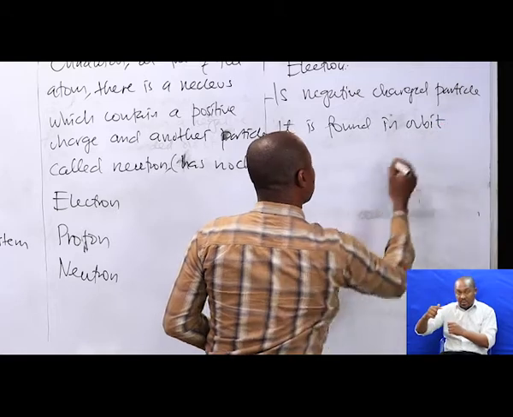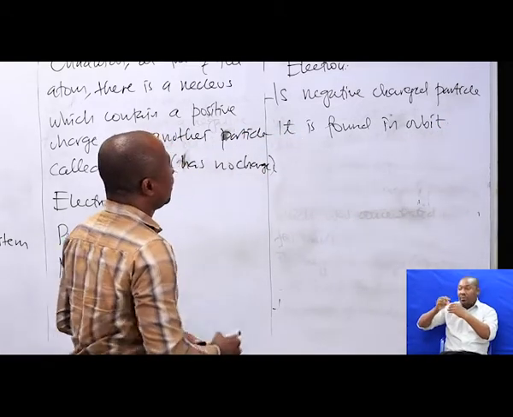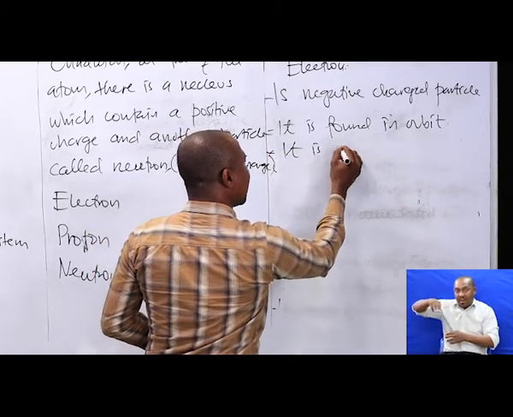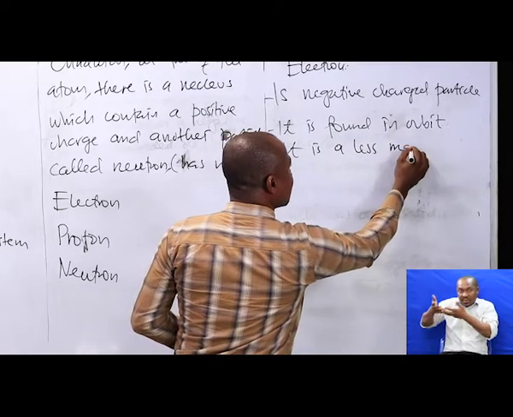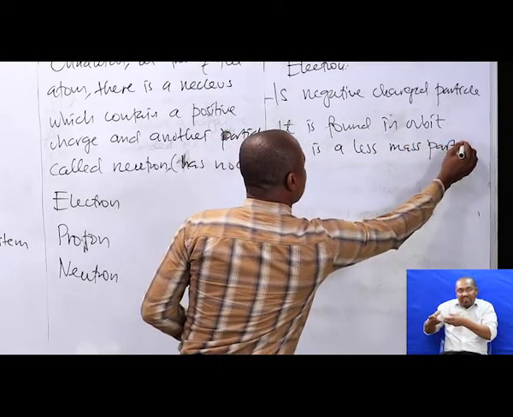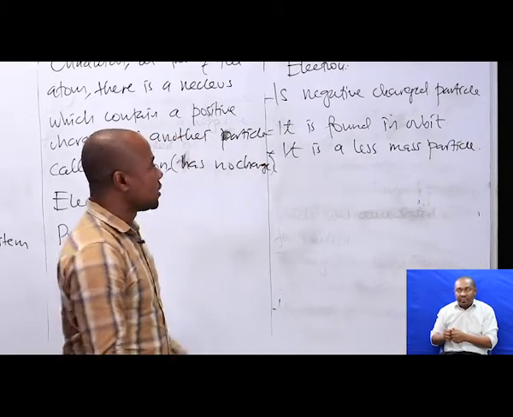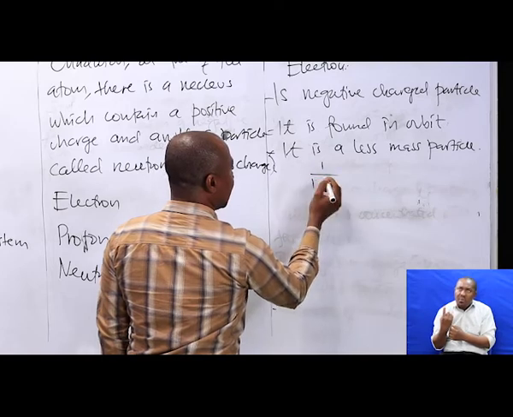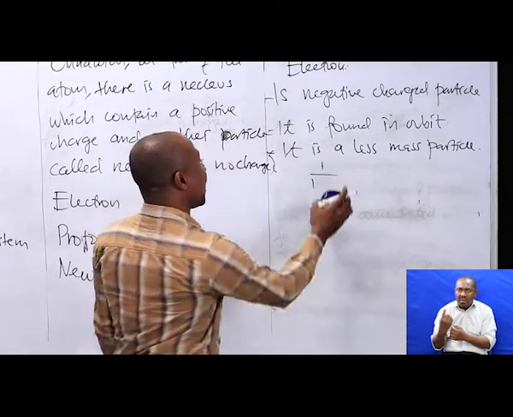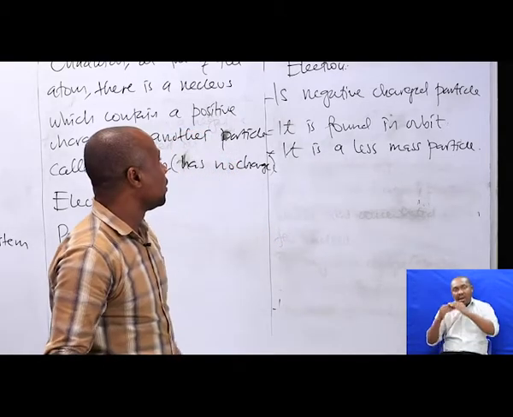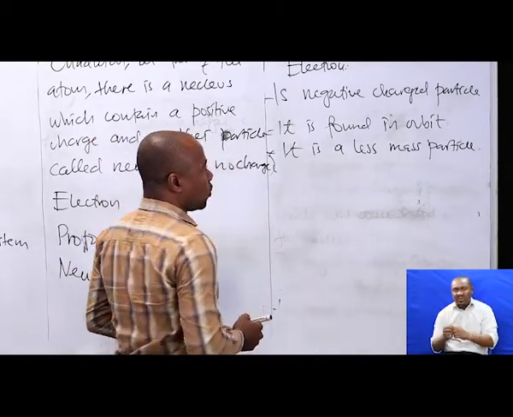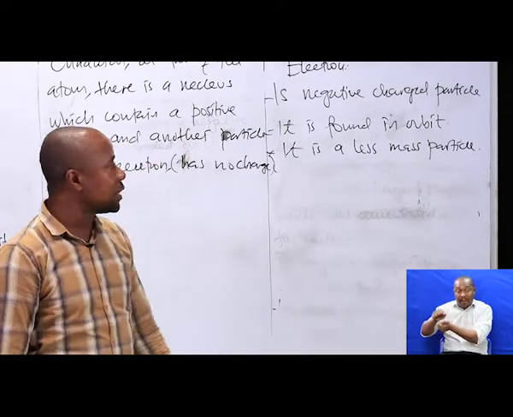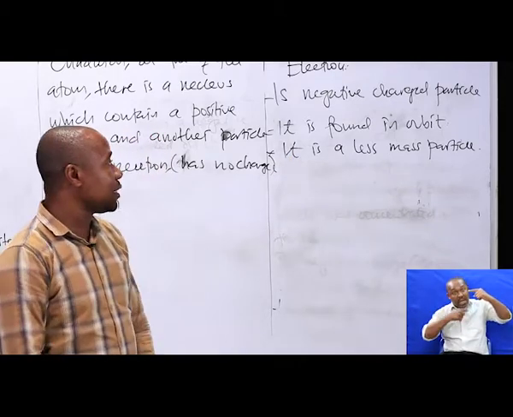As for the mass, it is a less mass particle, since it is about 1 over a large number. That is the electron. Electron is a negatively charged particle. It is found in an orbit. It is a less mass particle.